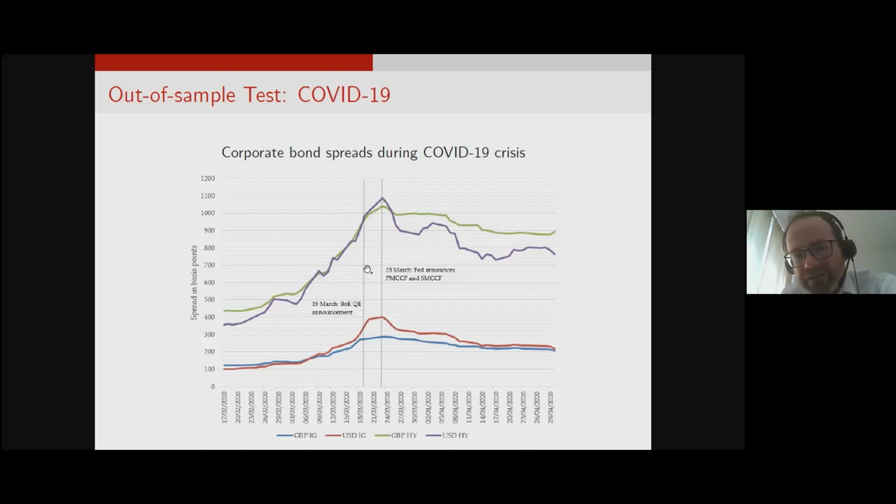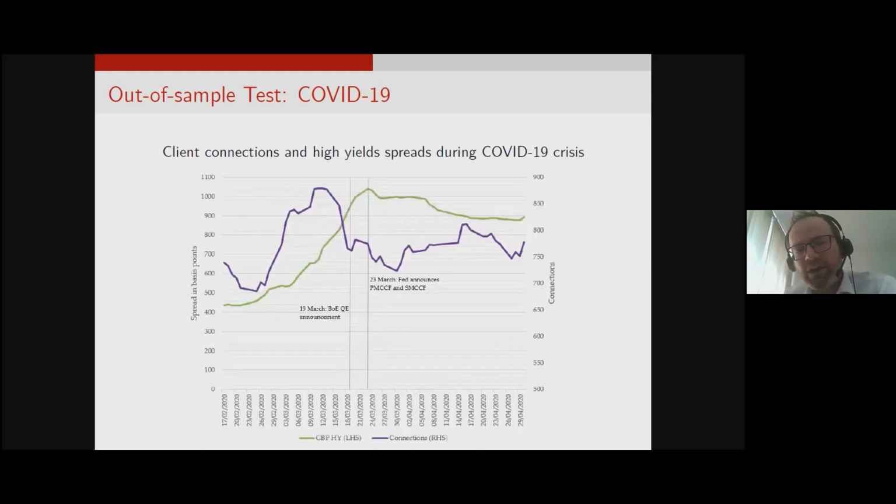And then after the announcements of the Bank of England and the Fed, they started falling gradually. So you might argue that this is an information intensive period. A lot of things were going on, providing potentially a lot of opportunities for informed traders during February and March.